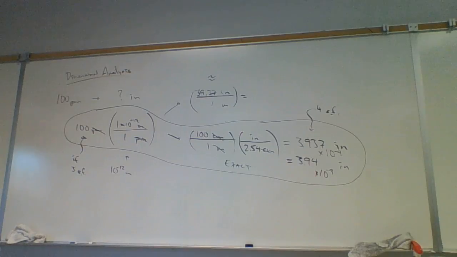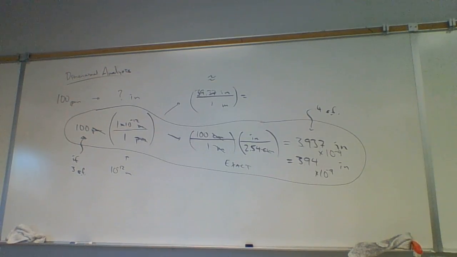It's not happening, is it? That's because this calculator only carries 10 digits. So if you have an 11th digit in there, your calculator is automatically going to round, and it's going to introduce round-off error.